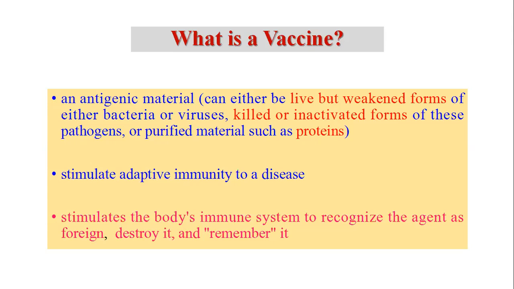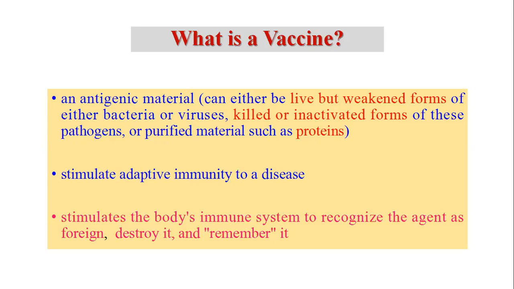If we are using the whole microorganism, then it should be a live but weakened form, or else we can use killed or inactivated forms of those pathogens, or we can use the purified forms of proteins that are responsible for the antigenicity of those particular pathogens.